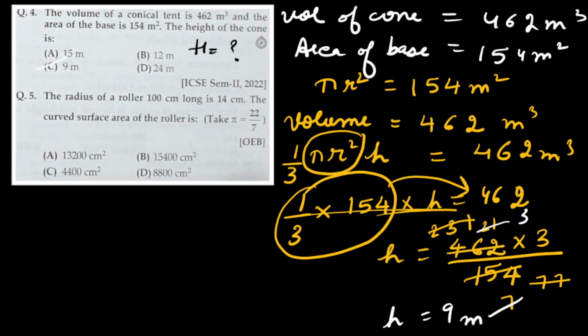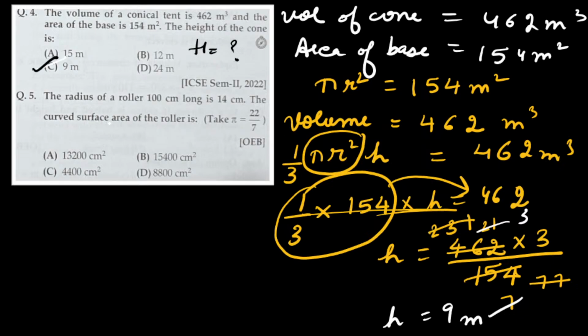So correct answer has been given by Shivashankar, Avni, Nikita, Anika, Rihan and Yashaswini. Okay, let's do the fifth question, and if anyone has any doubt, you can just tell me. So here, option C is the answer. Height is equal to 9 meter.